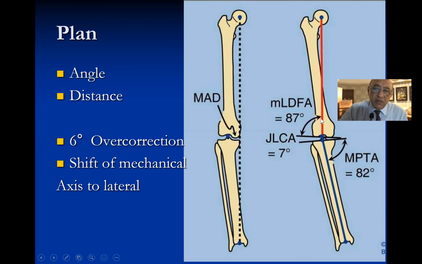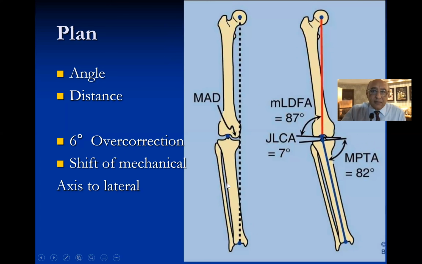There is no deformity in the femur. Looking at the tibia, it is 82, so it must be 87. So we have 5 degrees of varus at the proximal tibia, and this should be corrected with an overcorrection of average 6 degrees. Then we need to correct 11 degrees.